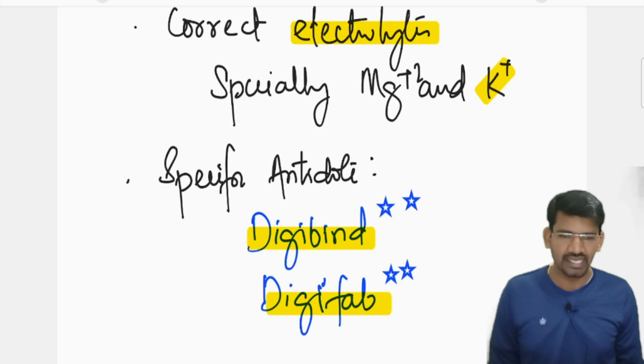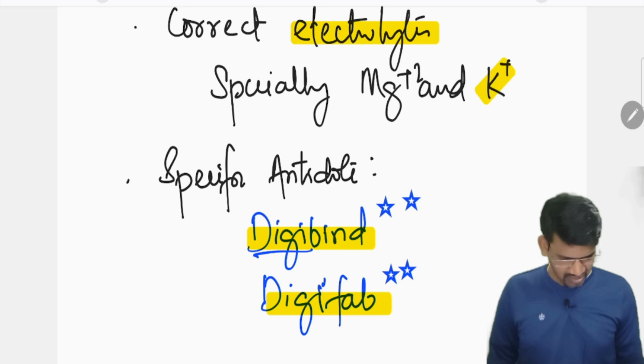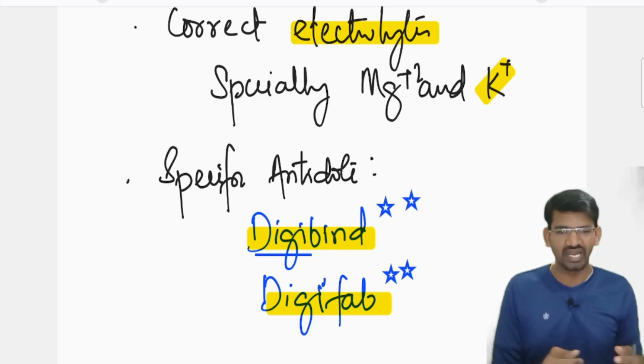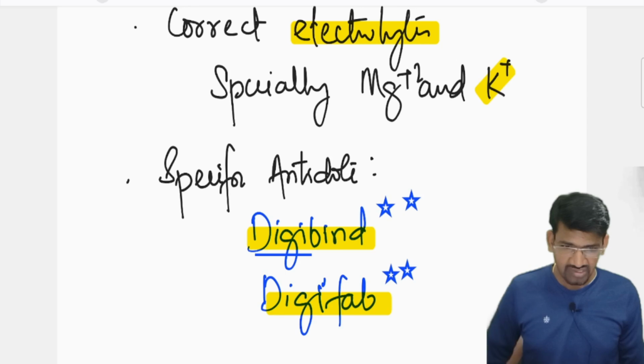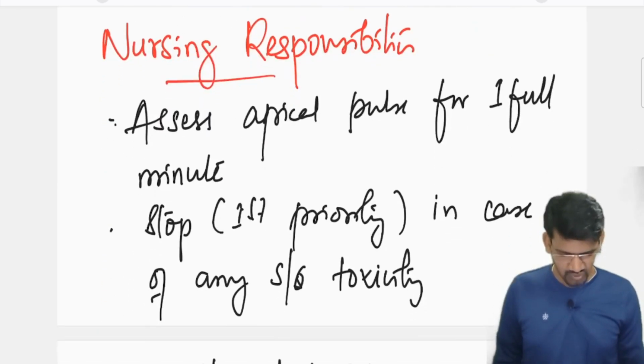Many times it has been asked in the exam, what is the specific antidote for digoxin toxicity? Digibind. The name itself has digoxin in it. Bind means it will bind to the digoxin and thereby prevent the absorption. So that is what Digibind does. So this is about the toxicity.